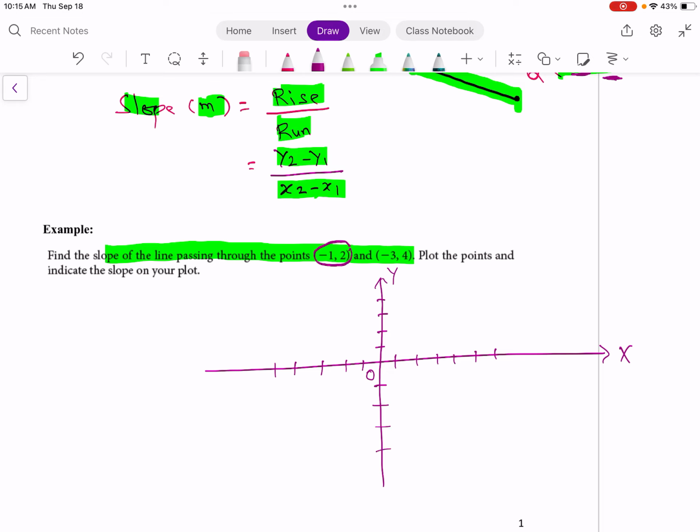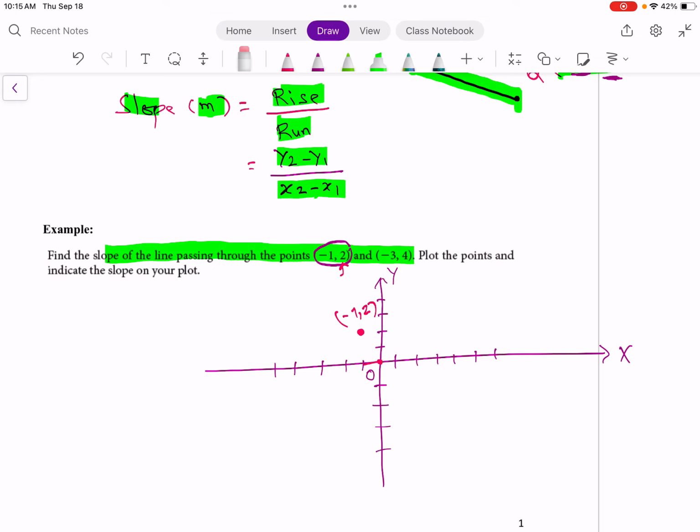Now let's plot this point. How do we plot -1, 2? We start from the origin, then we move left 1 unit, right? Then you move 2 units up, 1, 2. So this is -1, 2.